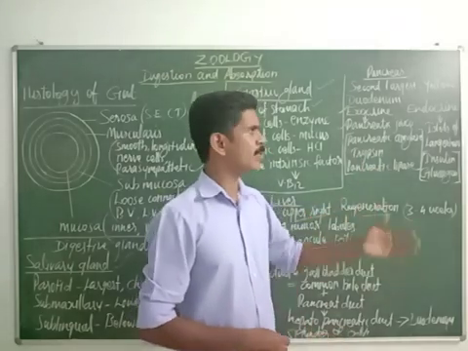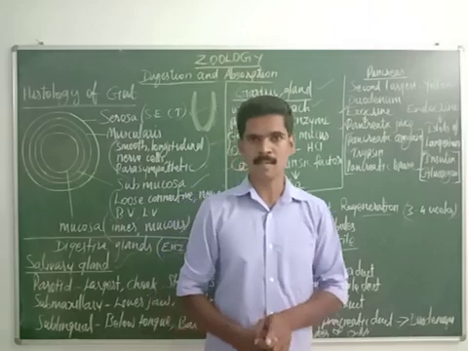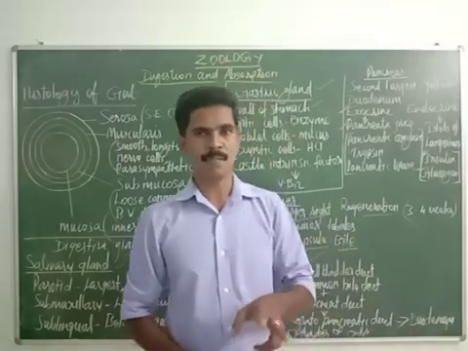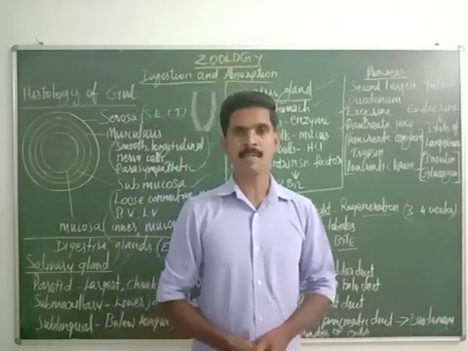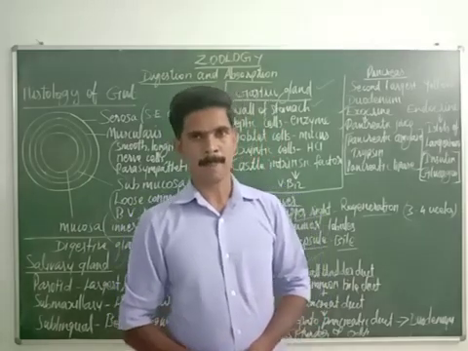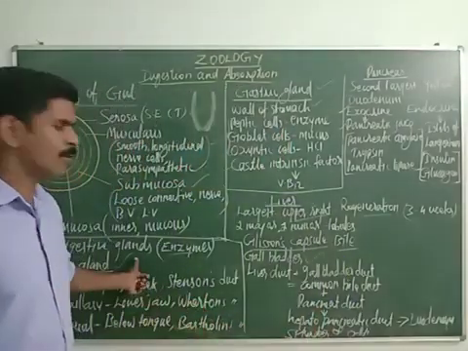The endocrine portion is called the islets of Langerhans, which has two types of cells, alpha cells and beta cells. Alpha cells secrete glucagon and beta cells secrete insulin. Understand, my friends? Now we have completed the digestive class.